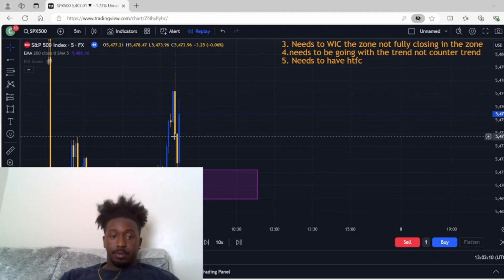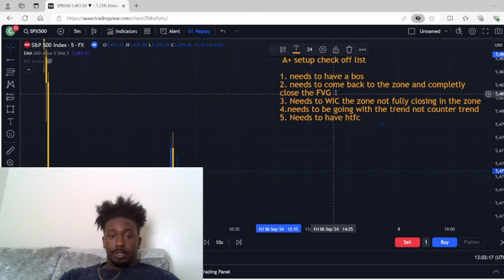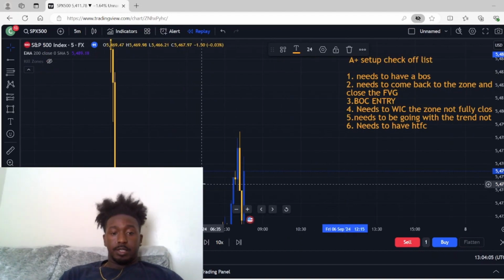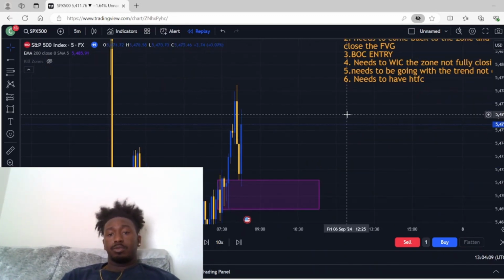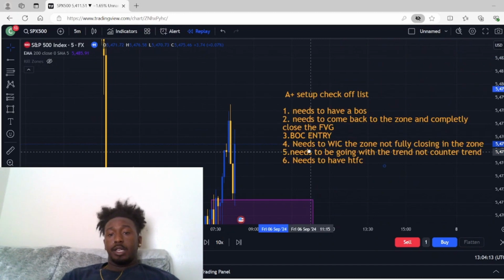Then we got a breaker candle, and I actually forgot to add this into my rules. A lot of times, bro, I'm telling you right now, a lot of times breaker candle entry will save your life, and it will save your trading account, most definitely.